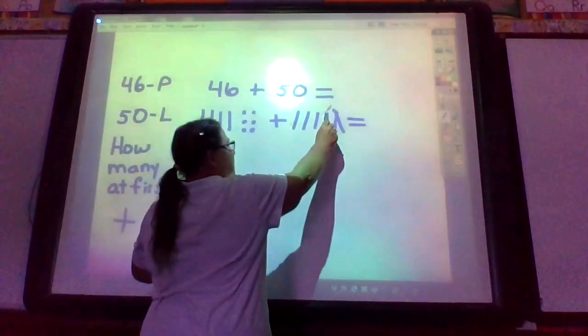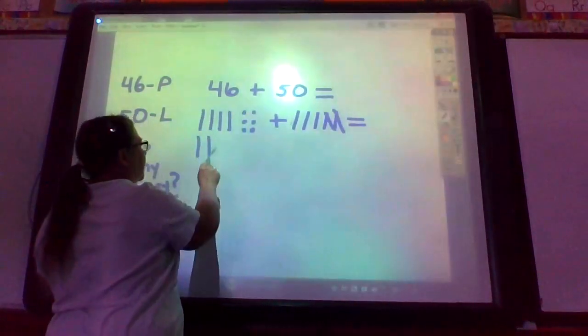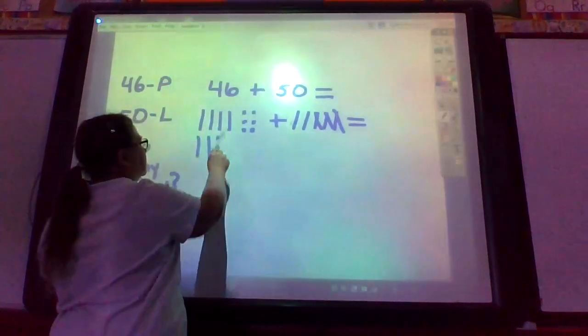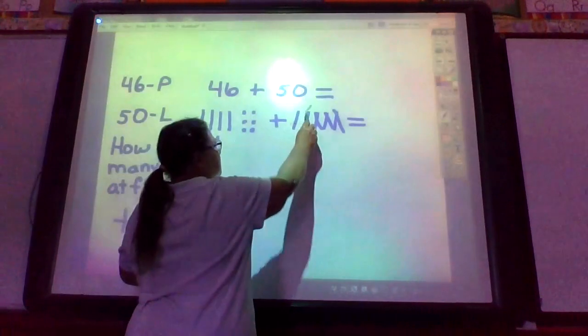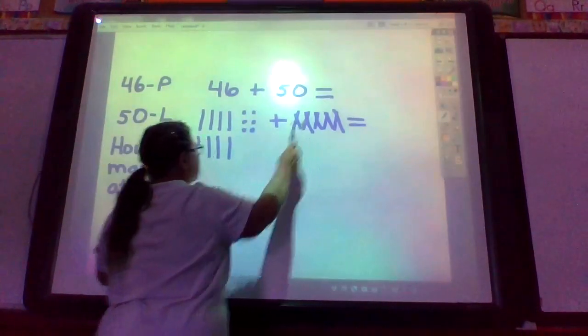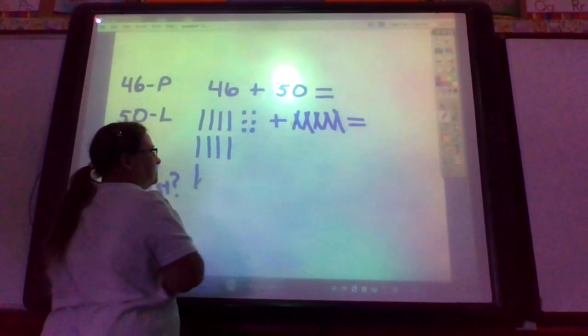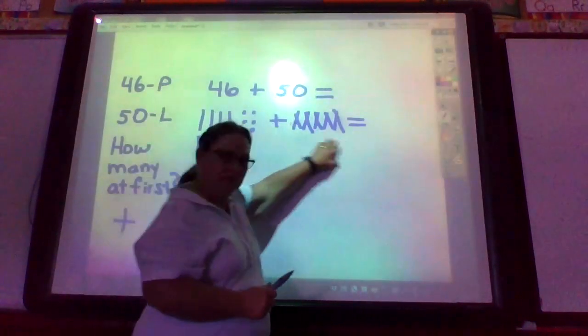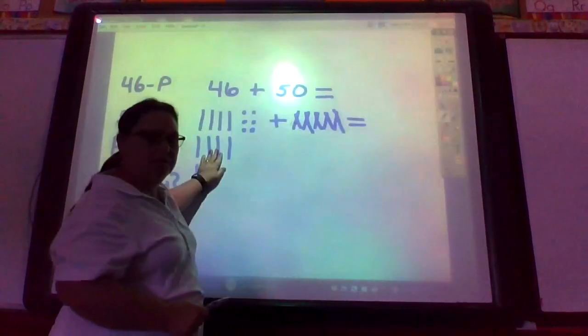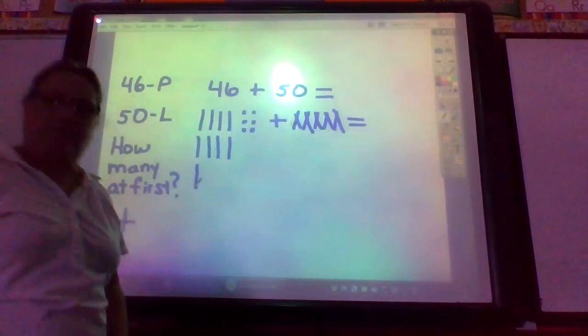I'm going to get rid of this one on this side, and I'm going to add it to this side, and do the same with each of the rest. I don't have anything left over here. I've crossed them all off, and I've moved them all here together so I can count.